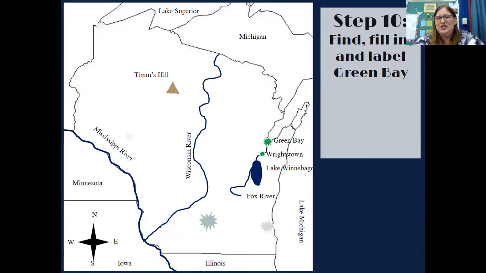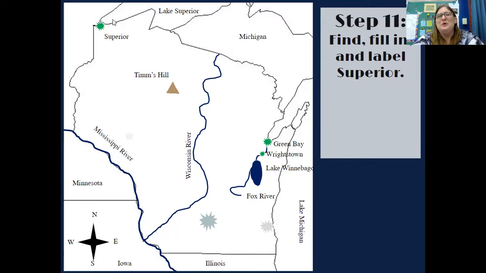Then what I did is I chose a city in the north, a city in the west, a city in the south, and the capital. So let's keep going. Superior is the city that I chose for the north. It is the biggest city in northern Wisconsin, I believe.